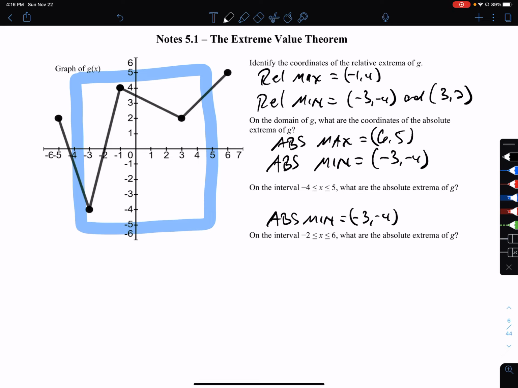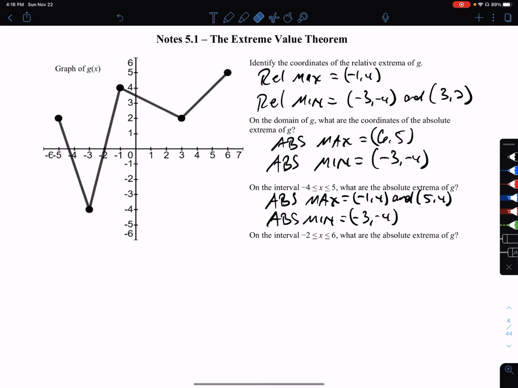Absolute maximum, looks like we might have 2 of those. It looks like both 5 and -1 have the same y value of 4. So we have a tie for the absolute maximum. It's happening at -1, 4, and also at 5, 4.